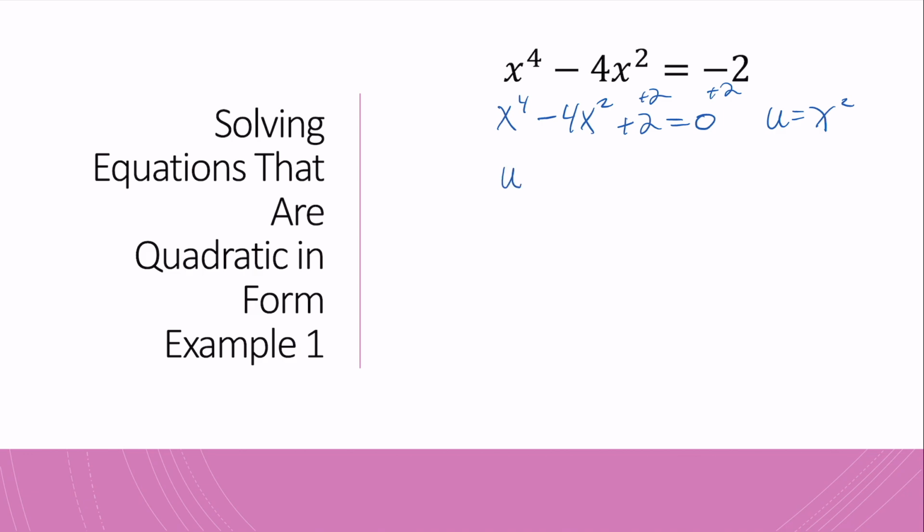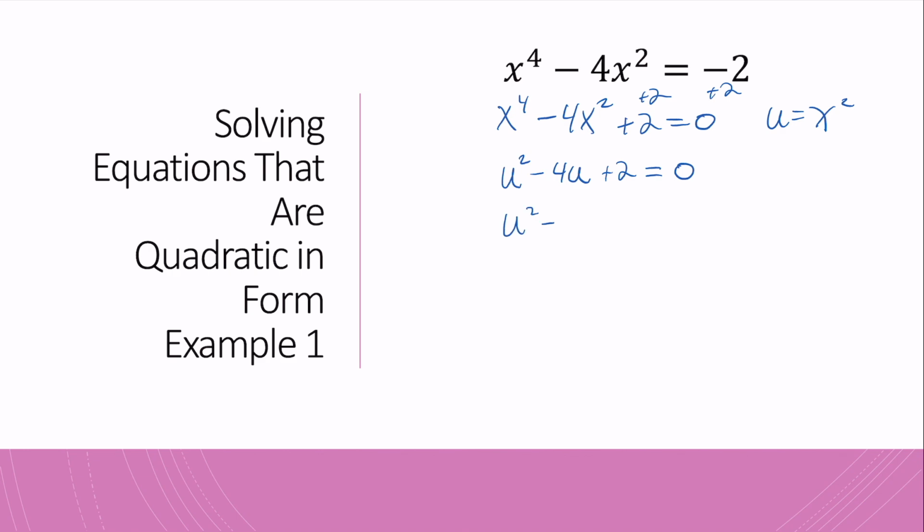So I'm going to have u squared minus 4u plus 2 is 0. And then I need to solve this. Well, I can't factor it. There are no factors of 2 that add up to negative 4. So I'm going to go ahead and solve this by completing the square because I prefer that to the quadratic formula, but you could use the quadratic formula.